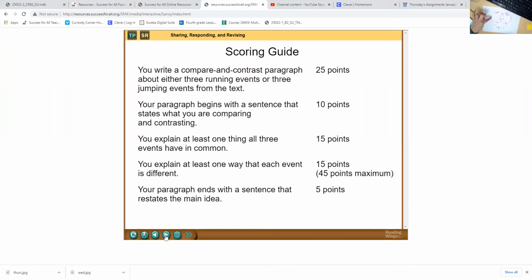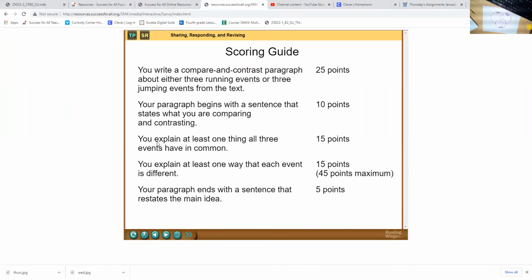Out of these three events, we would be comparing and contrasting these different jumps. So you're going to write a sentence like, the long jump, the triple jump, and the high jump are similar and different in many ways, or however you're going to start it, so you get your 10 points.